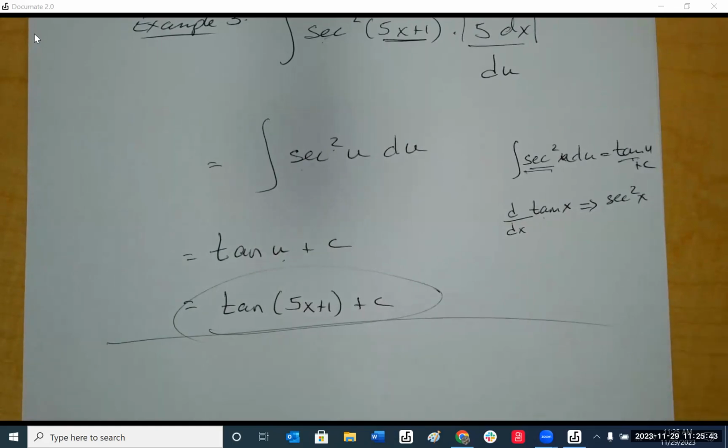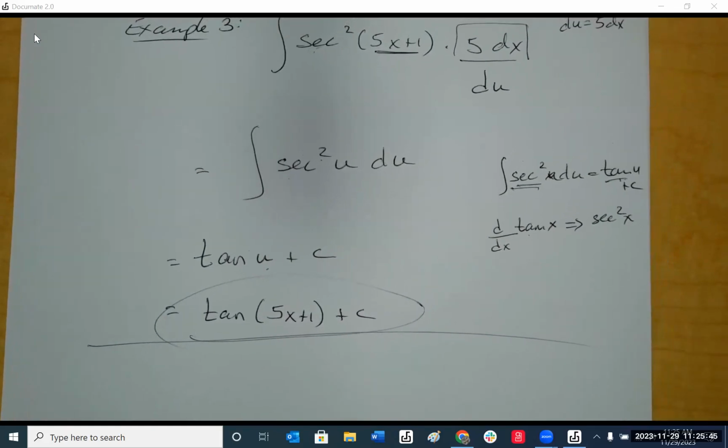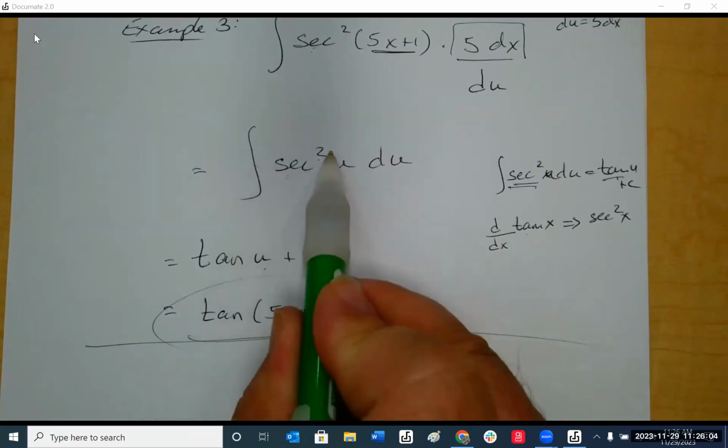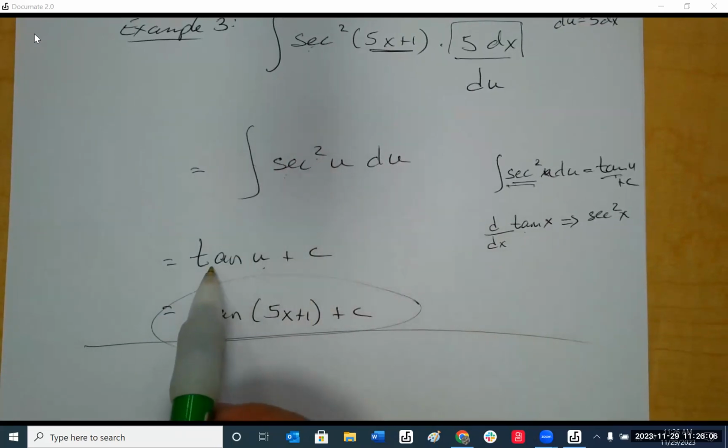Okay, so we're basically just looking at, we already know that the derivative of tangent x is secant squared x, so we're just going back, working backwards. So when you look at your cheat sheets, you're not restricted to only one section. So if I can't find it, it doesn't exist? No, since we can't find the integral of secant squared, let's look for the derivative of tangent.